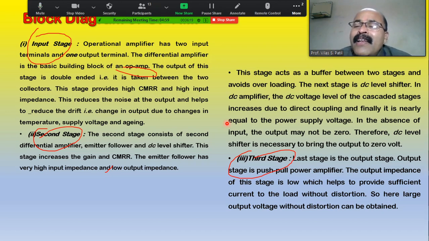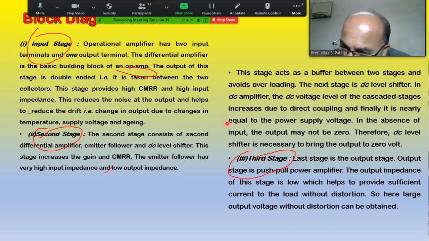The DC level shifter comes into force to calibrate the output of the operational amplifier to 0. It means the calibration can be done using the level shifter only.